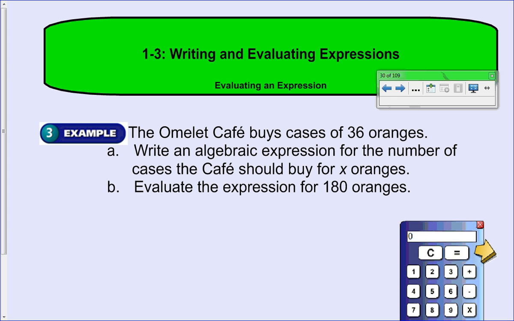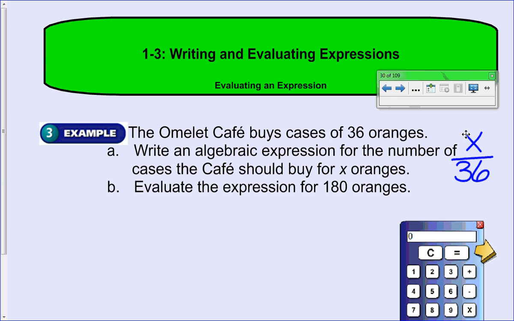So here, we know each case has 36, so we do X divided by 36. Because if we had 50, 100, 80 oranges, dividing by 36 tells you how many cases you have. So you should have X divided by 36 for A.